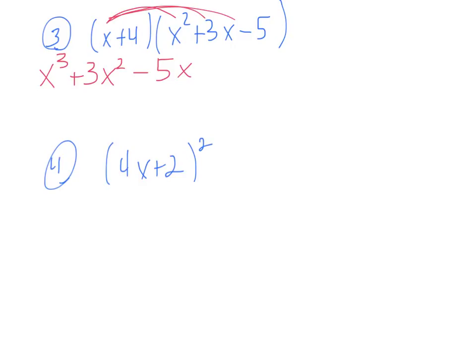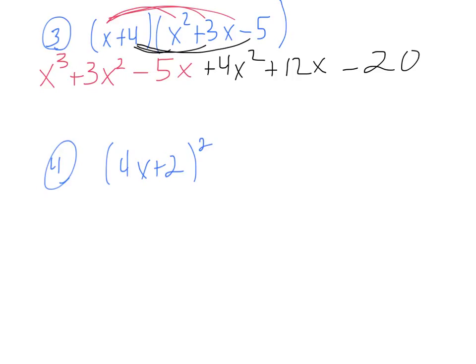So let's distribute now this 4 times x squared, 4x squared, 4 times 3x to make 12x. And then last but not least, 4 times negative 5, that equals negative 20. Now at any point, if this is too fast, pause the video, try it on your own, then compare the answers, see how it works out.